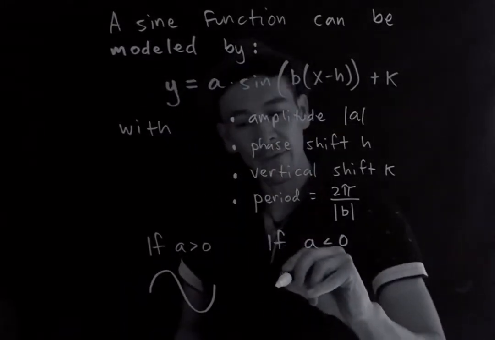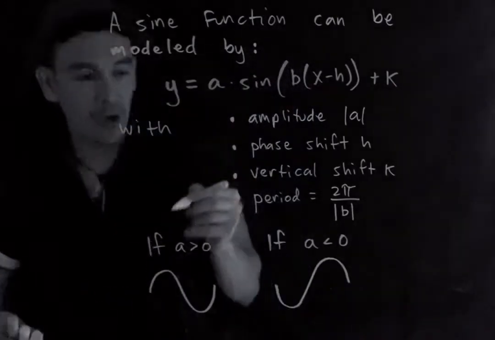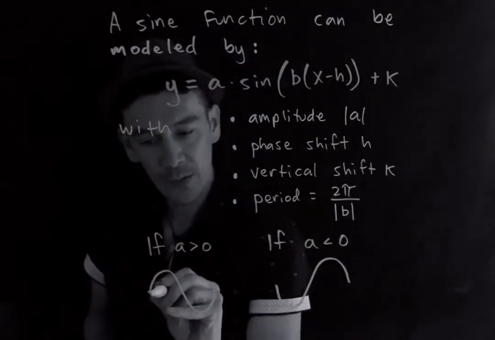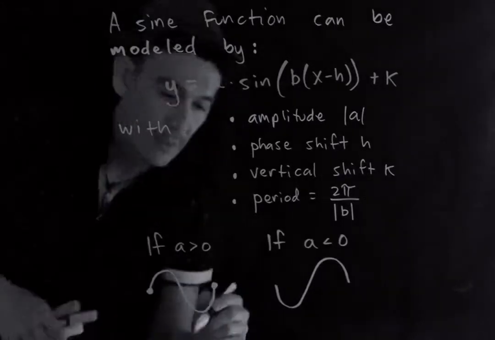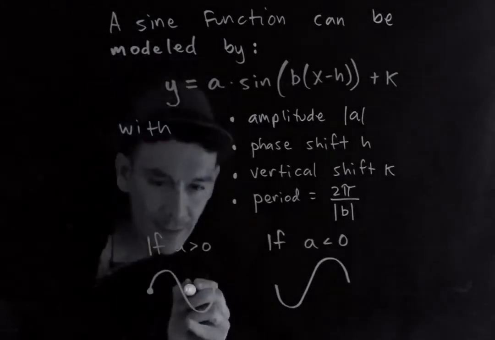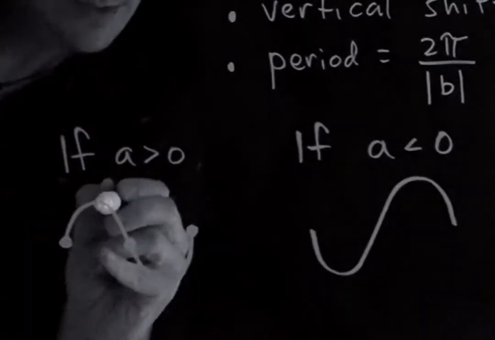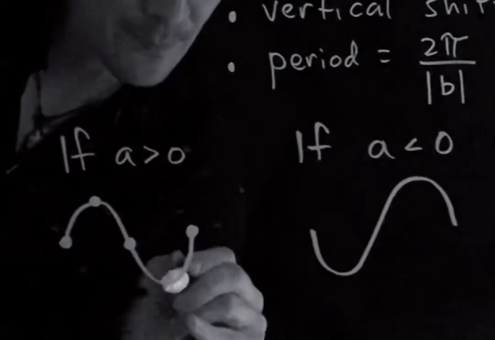It goes down first, and then it comes up and comes back down. And regardless of the case, we have 5 points. You have the beginning and you have the end. And between beginning and end, you have a point in the middle. And between these two, you go up. Between these two, you go down.